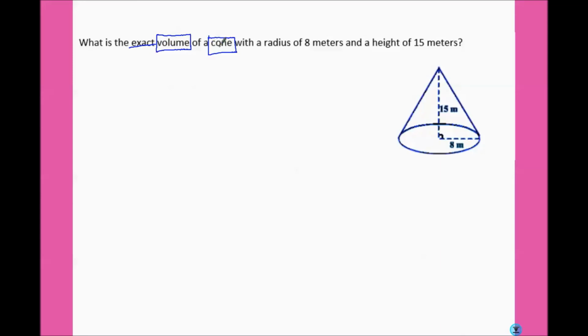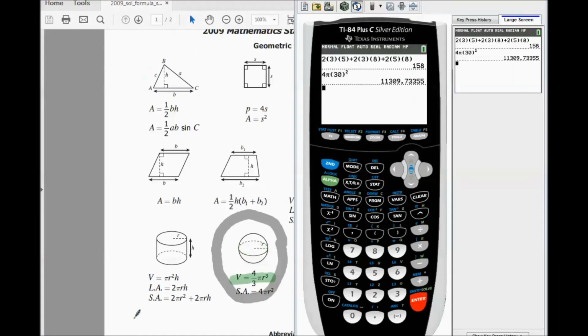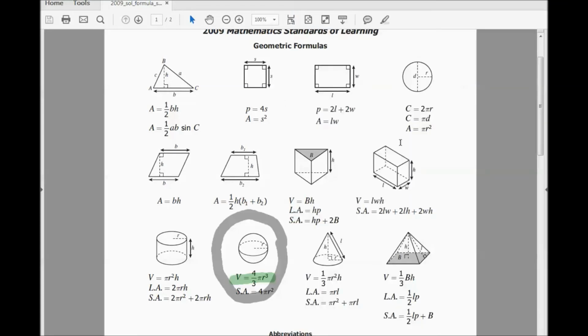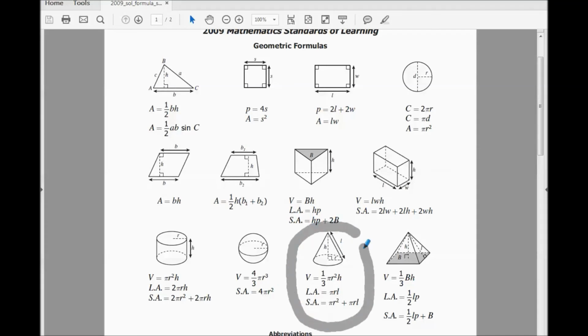So we need our volume of a cone formula. So here's our cone, and here's our volume formula.